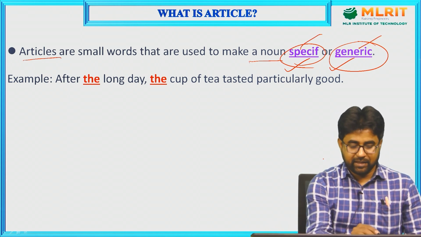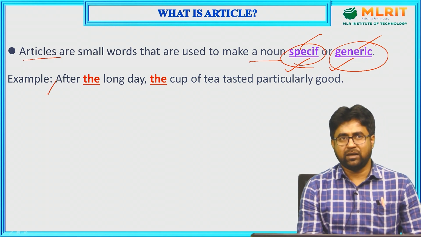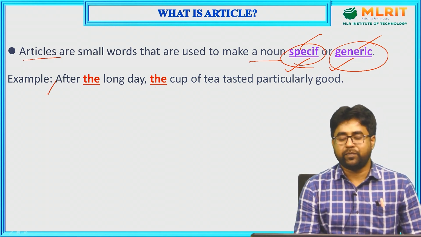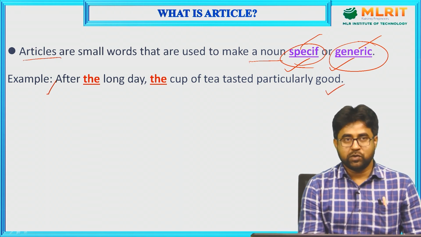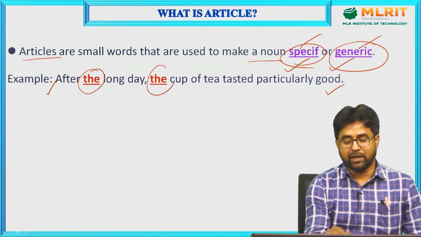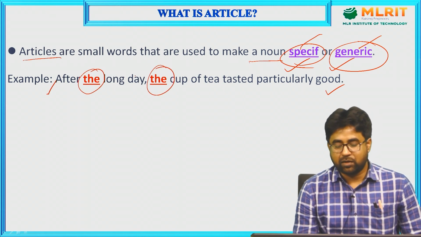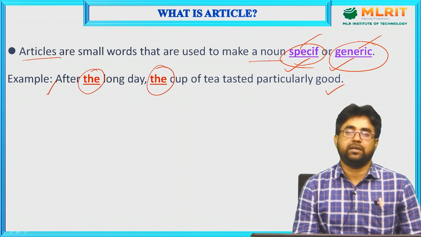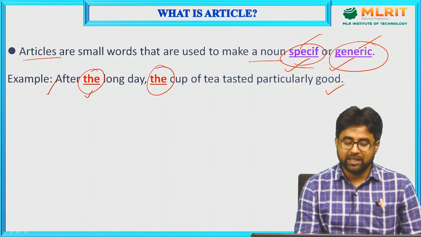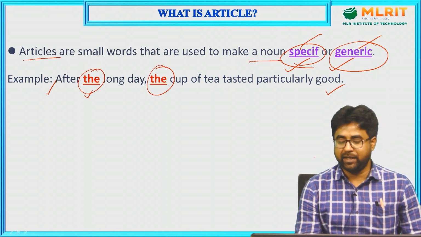You can see the example here. You can focus on the example sentence: After the long day, the cup of tea tasted particularly good. So what are the articles in this sentence? If you check, there are two articles, the. After the long day, the cup of tea tasted particularly good. Now you can see what role this article is playing here.